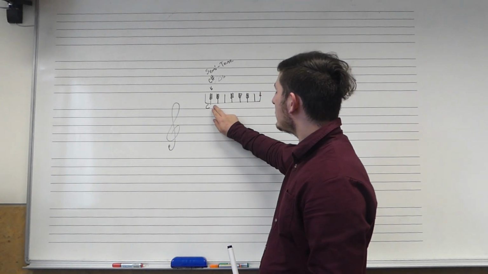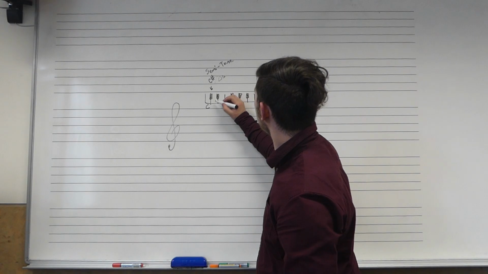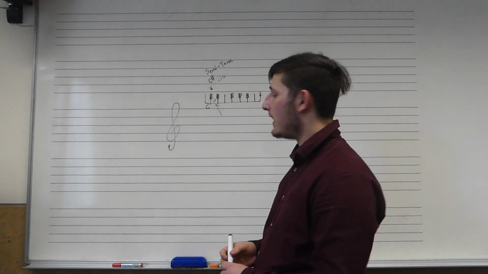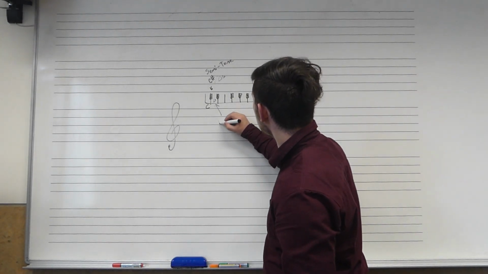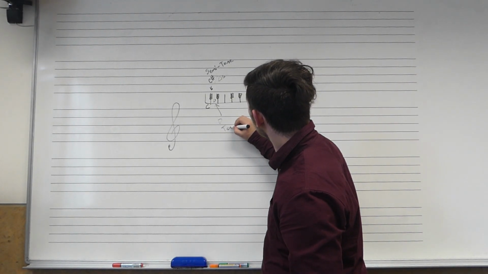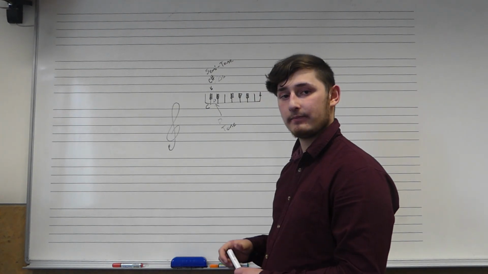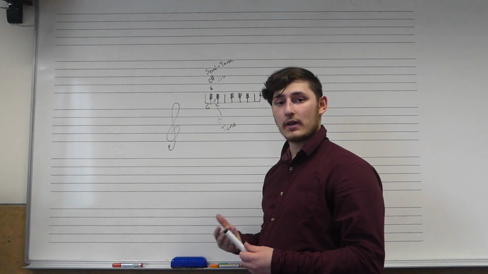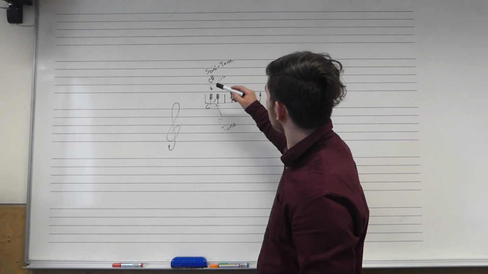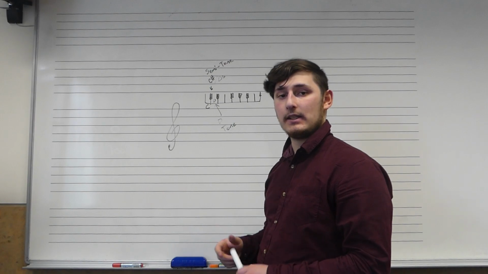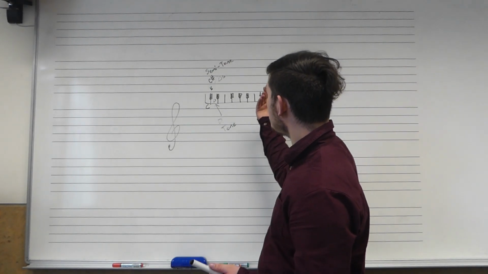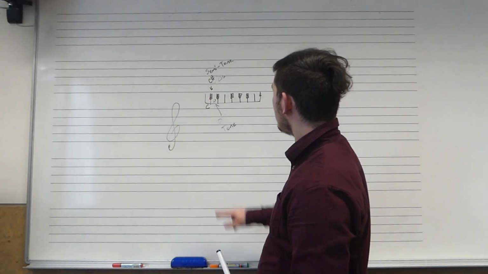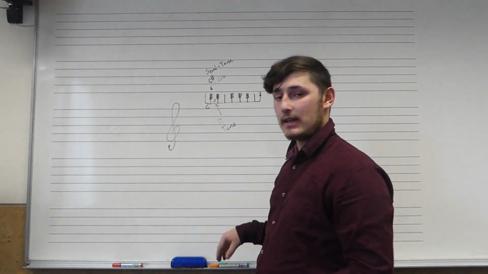Then next we have a D, and D is two semitones above that, or D is a tone above C. So from C to C sharp is one semitone, and from C sharp to D is another semitone. If we have two semitones, then we have a tone. So our next note is D.